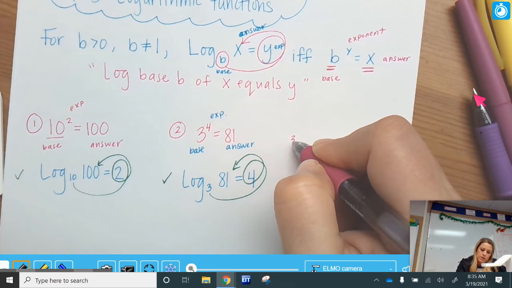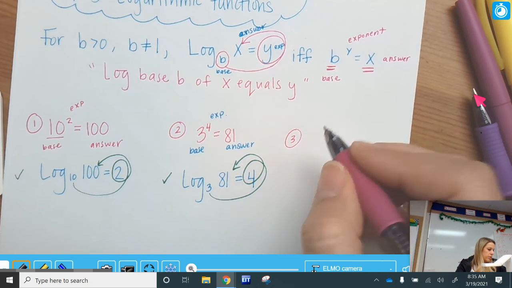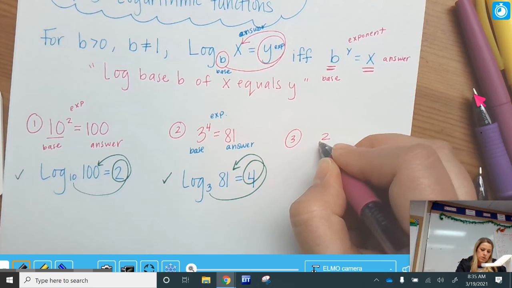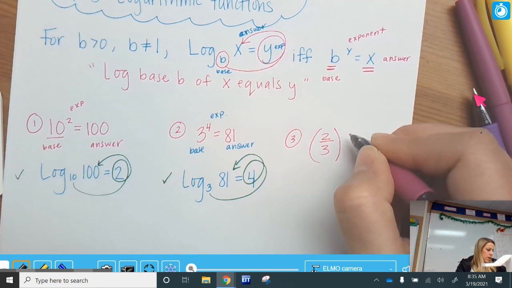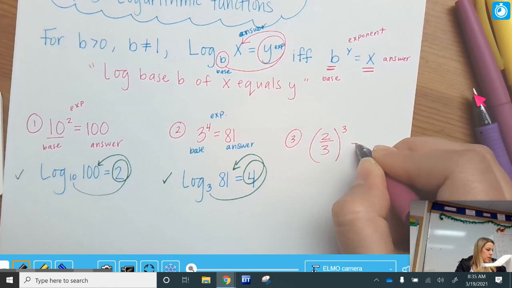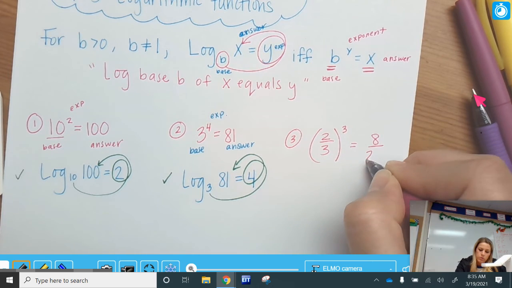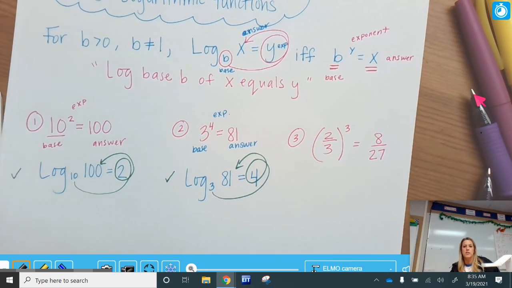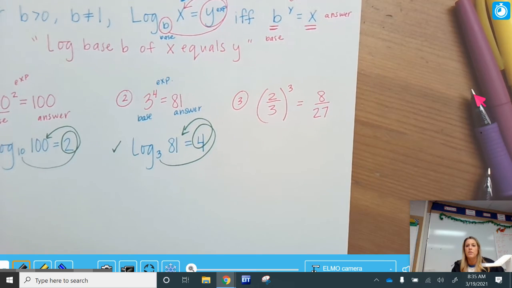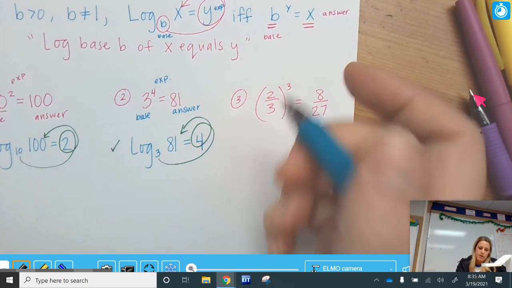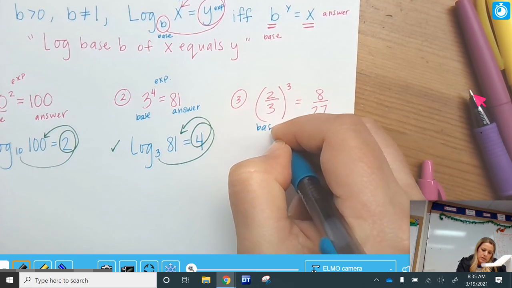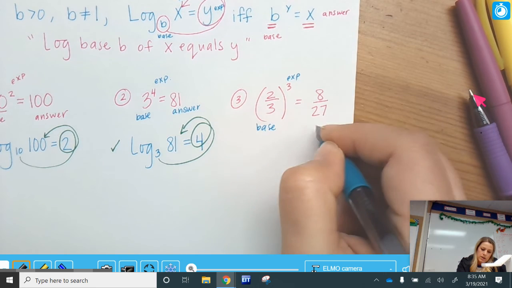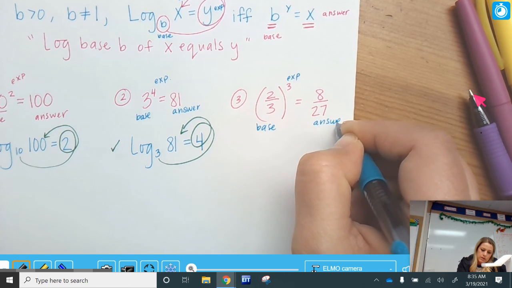Okay, next one, number 3. Let's do a fraction: 2/3 raised to the third power equals 8 over 27. I know it looks confusing because there are so many fractions and we hate fractions, but it's okay. Base, exponent, answer.